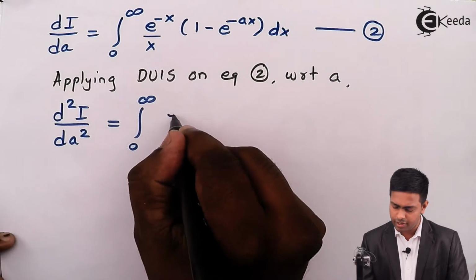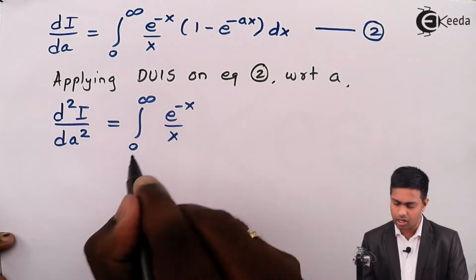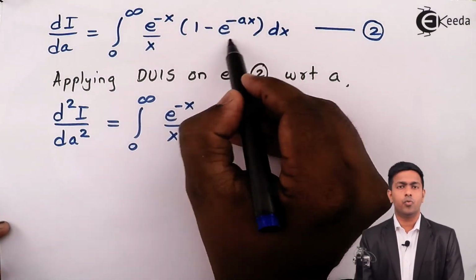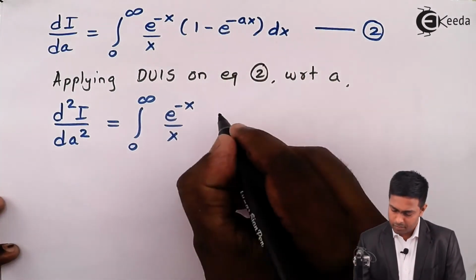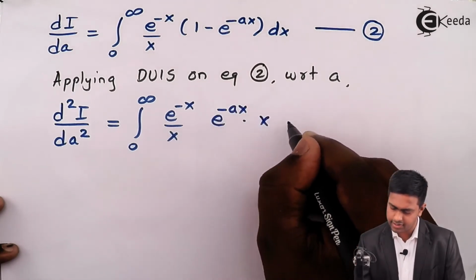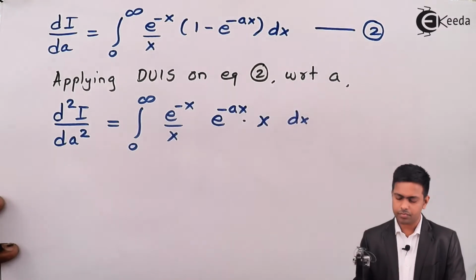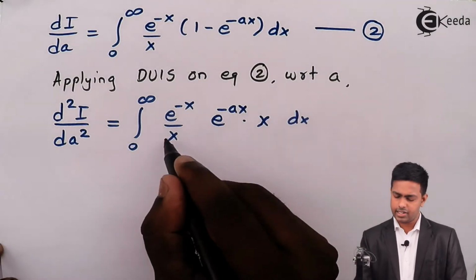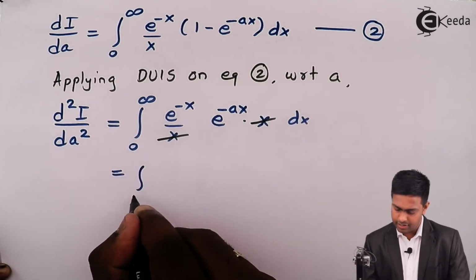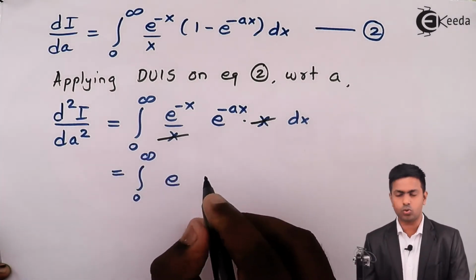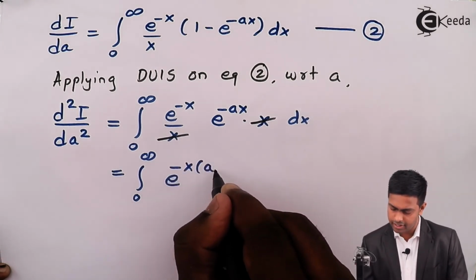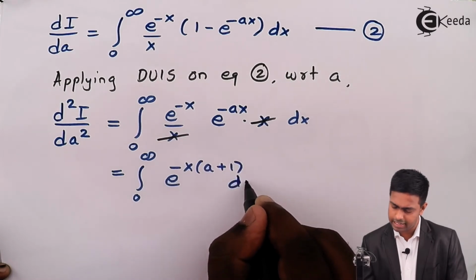By doing that we will get e raised to minus x upon x outside, and the partial differentiation of this term with respect to A would be e raised to minus ax into x dx. Now here x and x will be cancelled, so we will get integration 0 to infinity e raised to, now here I can take this minus x outside, and we will get a plus 1 in the bracket dx.